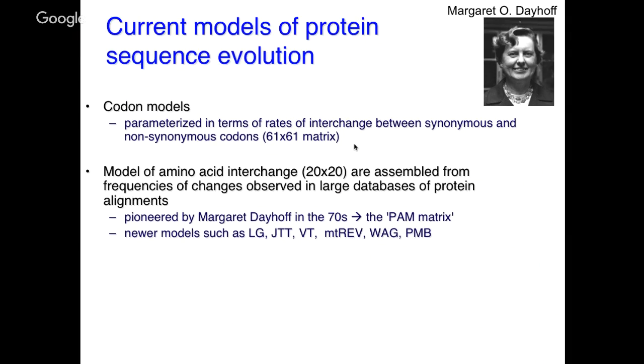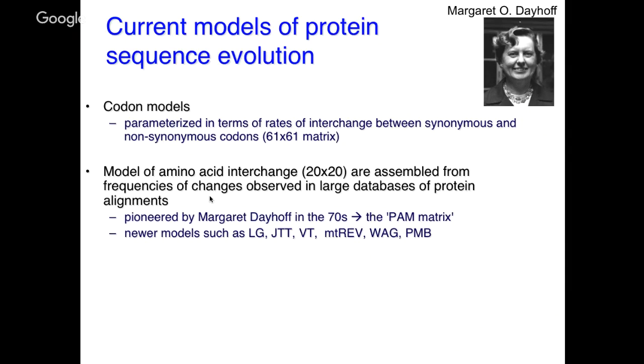And this is where Margaret Dayhoff's famous PAM matrix came in, where she assembled databases of sequences, looked at amino acid changes, and developed rate matrices, essentially, of the rate at which one amino acid would transition into another in any particular protein. So these overall single-matrix rate matrices, such as the PAM matrix, were very important and are still used today.